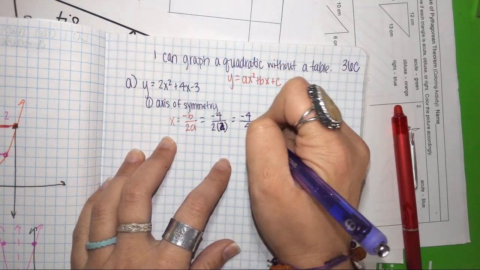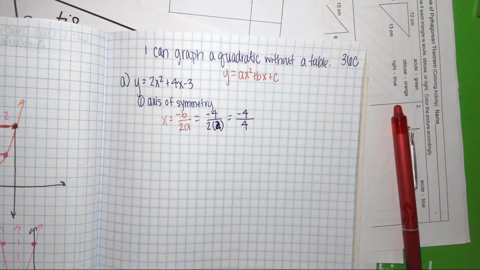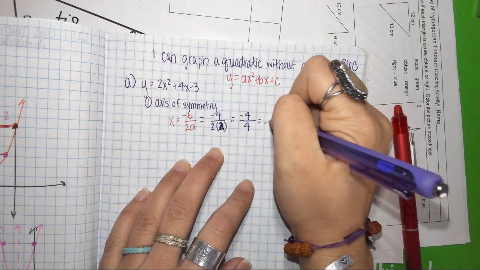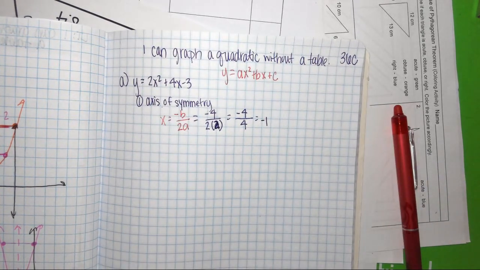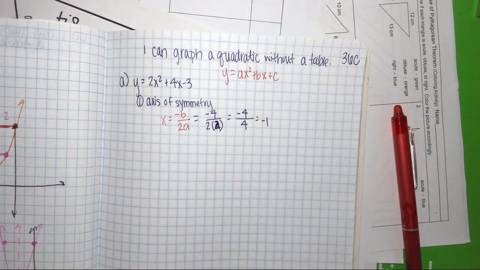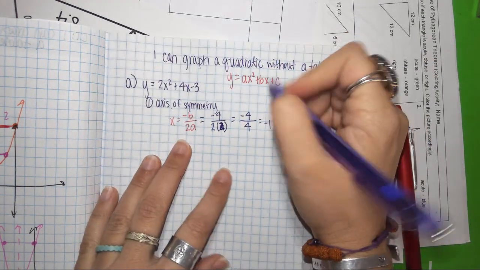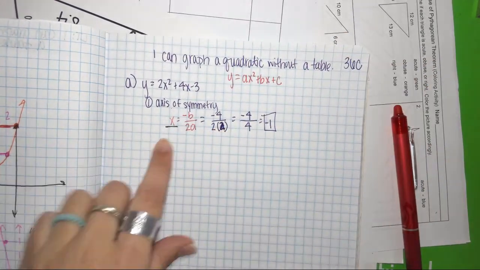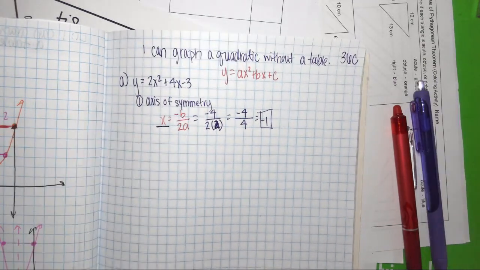Two times 2 is 4, and negative 4 divided by 4 is negative 1. Okay, so that gave us our axis of symmetry, which is our x, because it says x equals. And this is the x coordinate of your vertex.